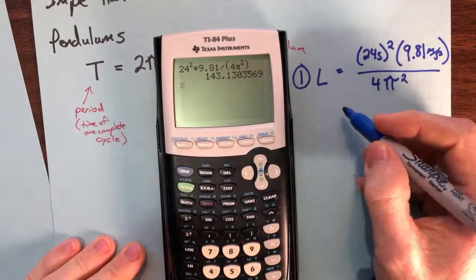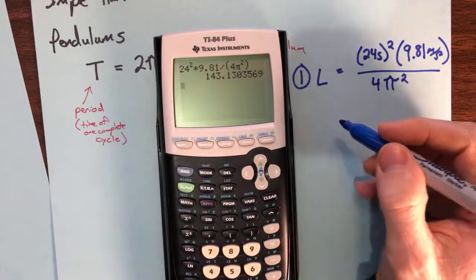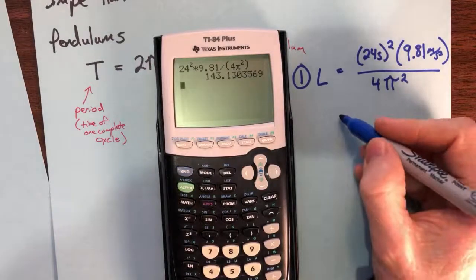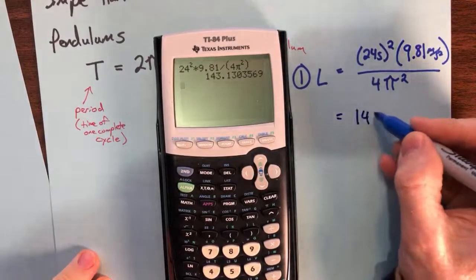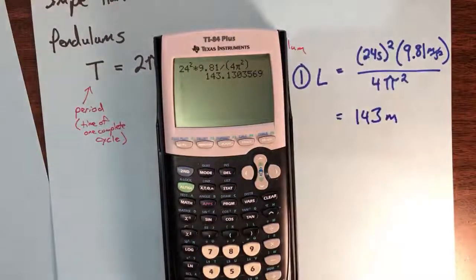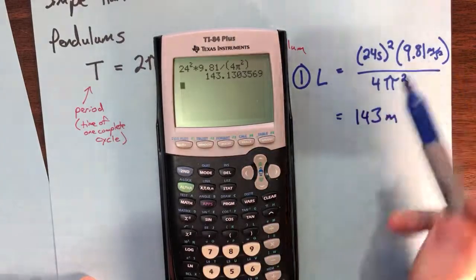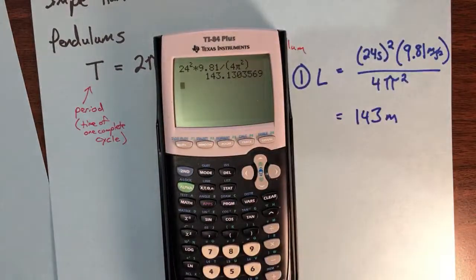That's pretty high for some kind of tower. Notice how second squared over second squared cancels out, and we're left with meters as our units. Any questions on number 1?